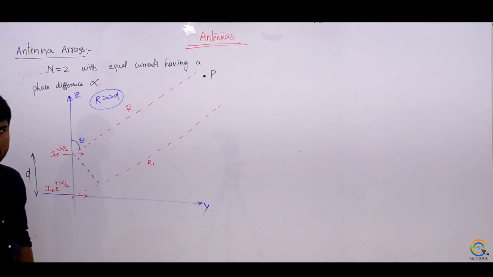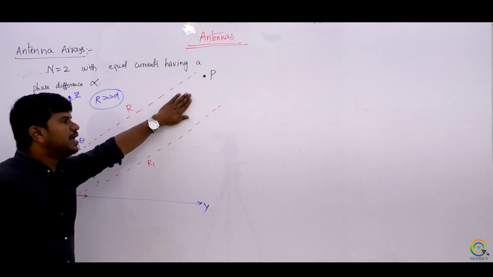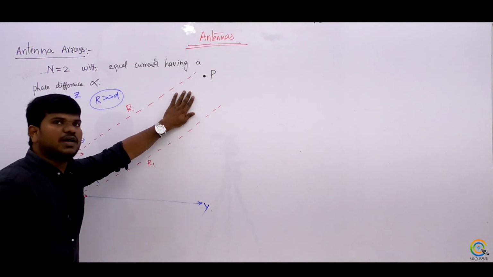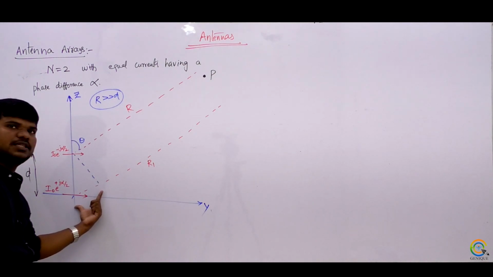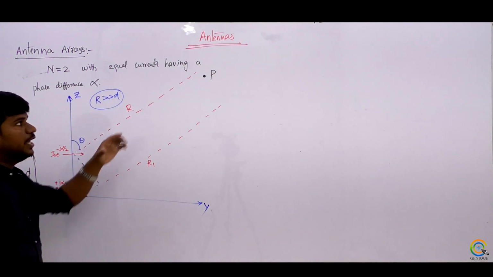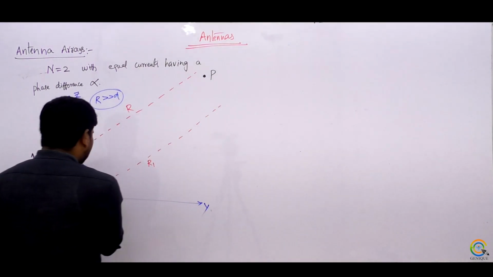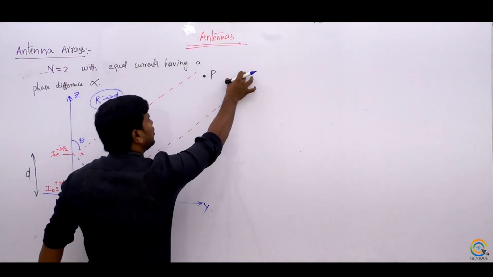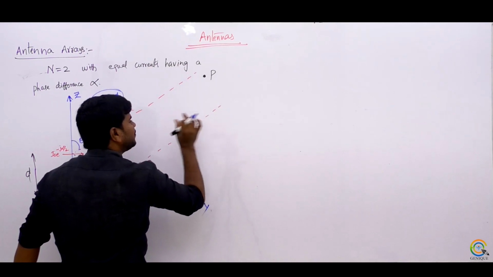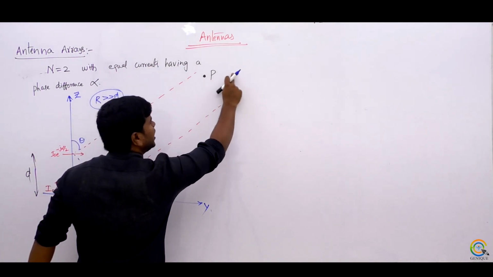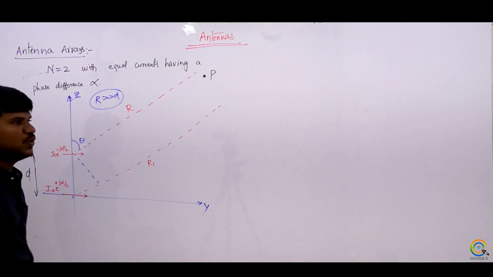That is the thing you have to notice. As distance wise they may look equal, but this path difference will affect here in terms of phase. It will generate a significant phase difference, produced here in the field because of this path difference. That is the thing you have to notice.